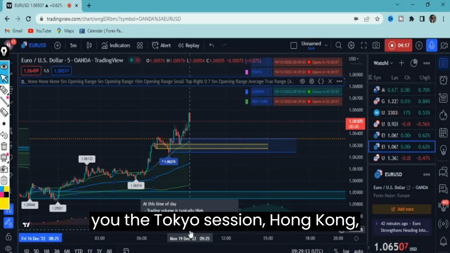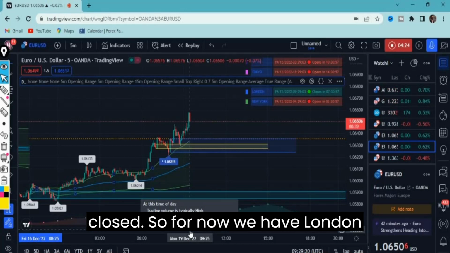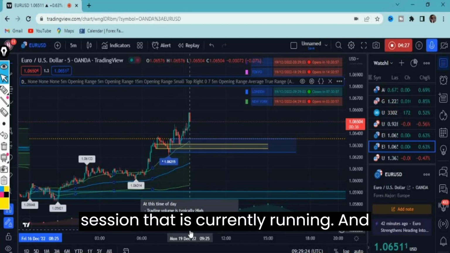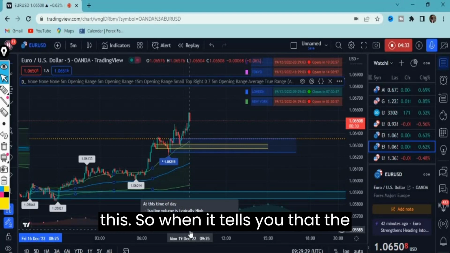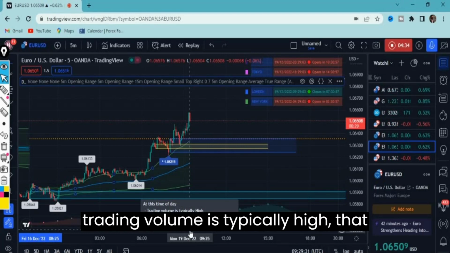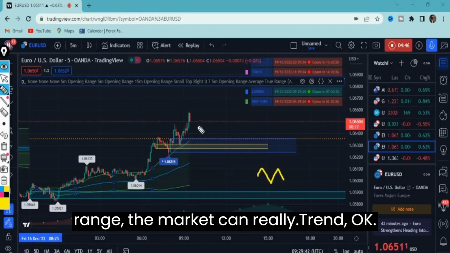It's telling you the Tokyo session, Hong Kong, Shanghai and Singapore are currently closed. So for now we have the London session currently running. When it tells you that the trading volume is typically high, that simply means the market cannot really range, the market can really trend, okay?